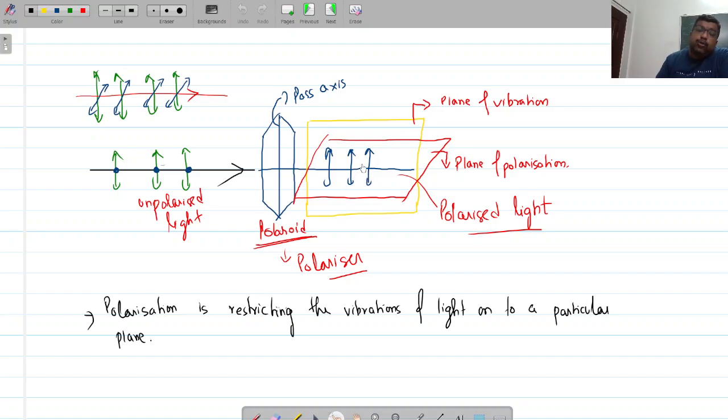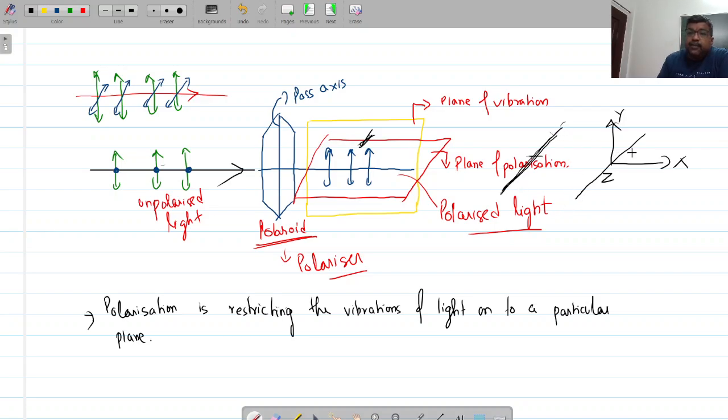If I keep another Polaroid with its pass axis in this direction, suppose this is x-axis, this is y-axis, this is z-axis, so this is along the z-axis. Now these vibrations are in the xy plane, so obviously they will not be able to pass through this Polaroid and the intensity will be 0.